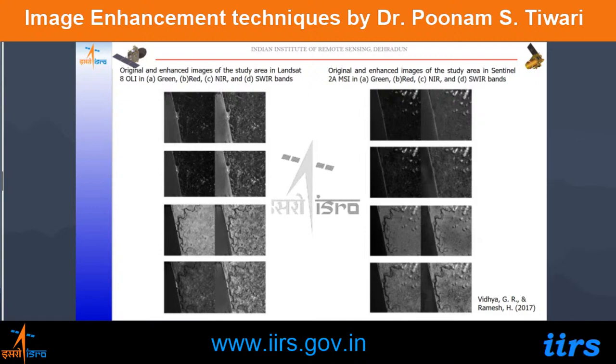There would be a line appearing wherever these two images are mosaicked. To avoid this, we do histogram matching, in which we take one image as the master image, and the histogram of the second image is changed as per the master image. So this is histogram matching.